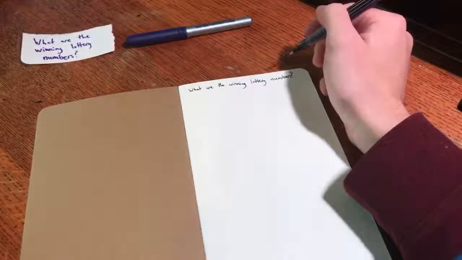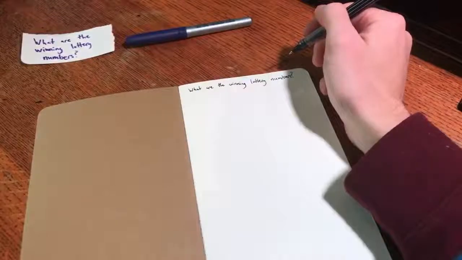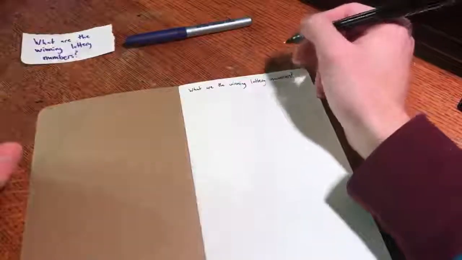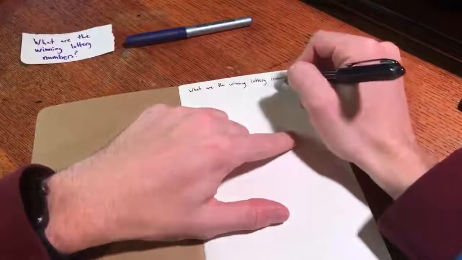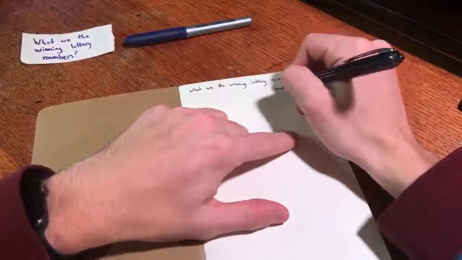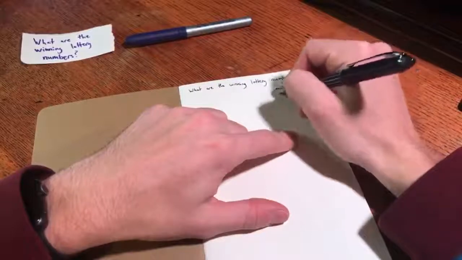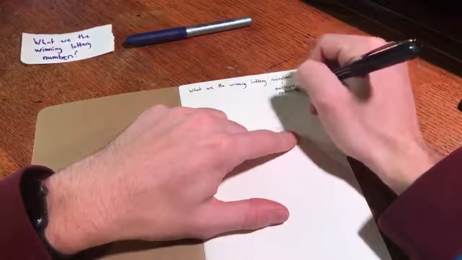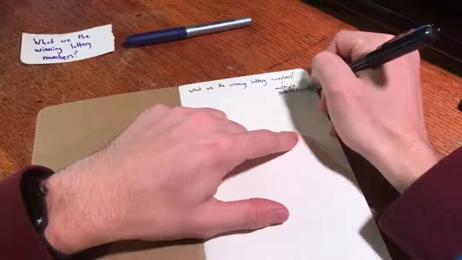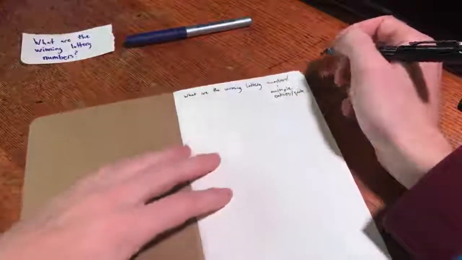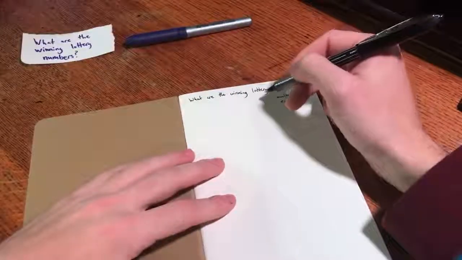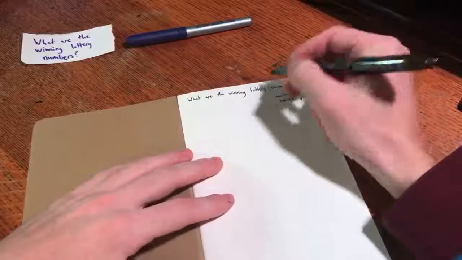Let's see. Numbers, it's obviously going to be multiple things. Multiple entries or spots that are going to be taken up. Lottery numbers, we know they're usually 6 or something like that.